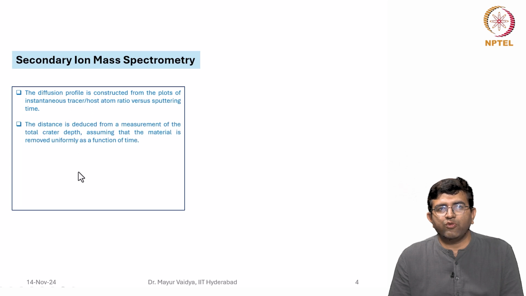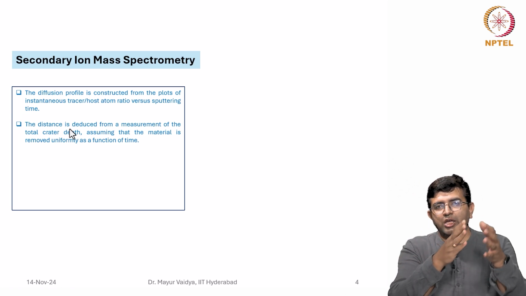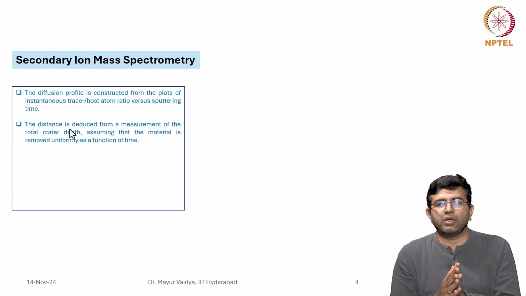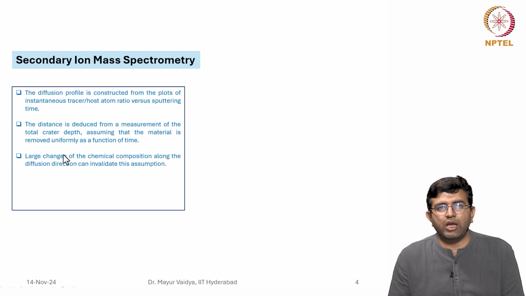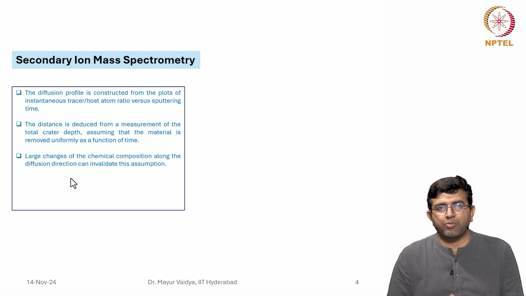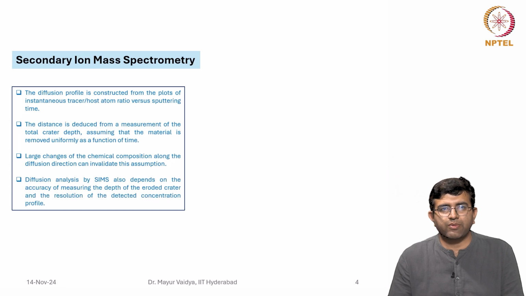Then you need to know the crater depth, which is measured by a profilometer. So you know the intensity versus time, and assuming a constant removal rate, you can convert it into a distance plot. Large changes of chemical composition can invalidate this assumption in certain cases.